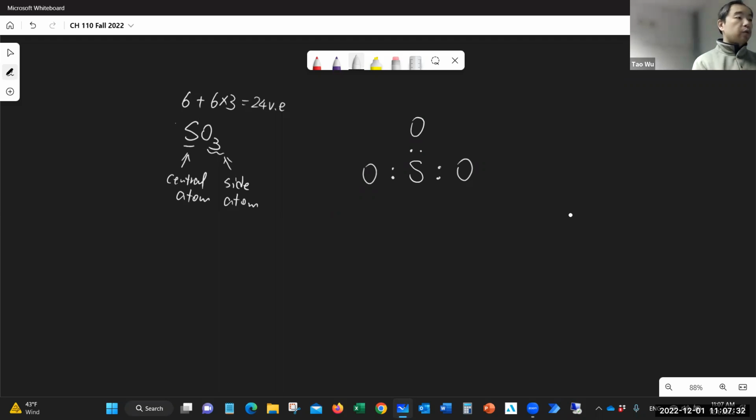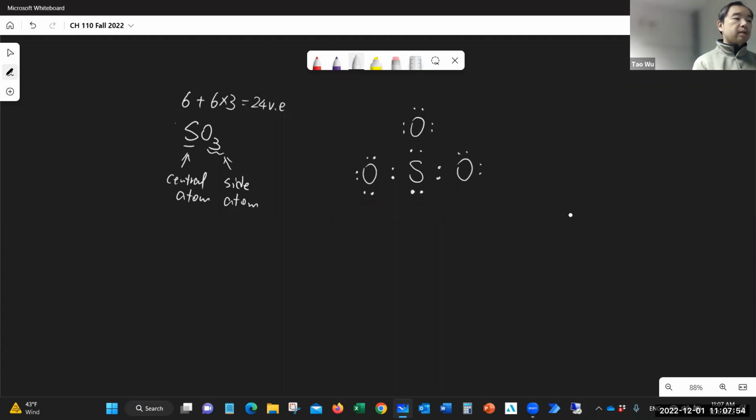Then we're going to assign the rest of the dots. We go to the central atom first. So we put the 8 on this, and then we go for the rest: 8, 10, 12, 14, 16, 18, 20, 22, 24.